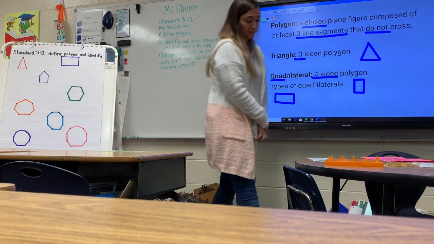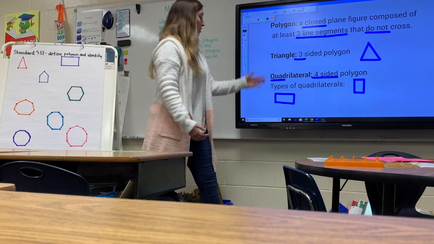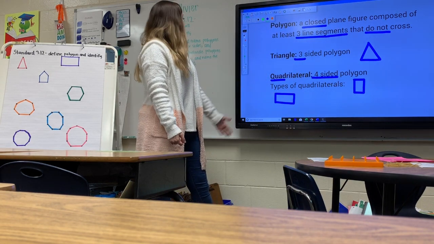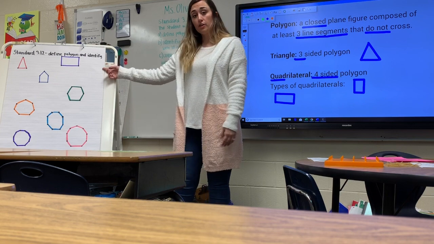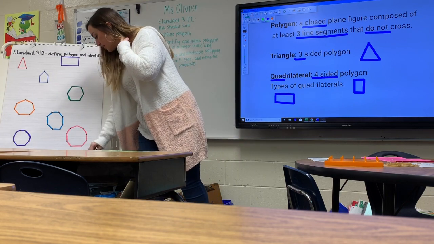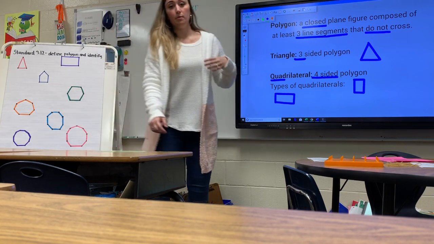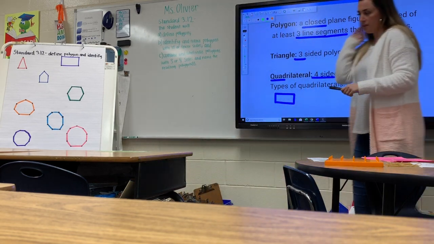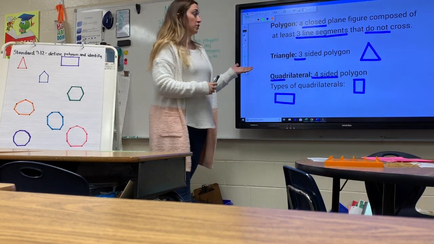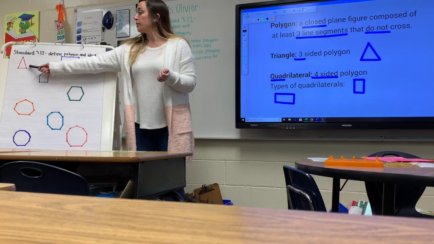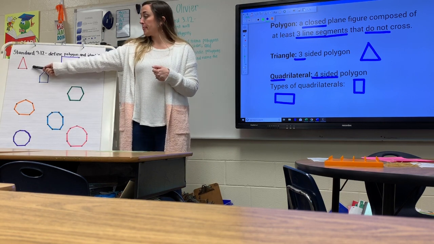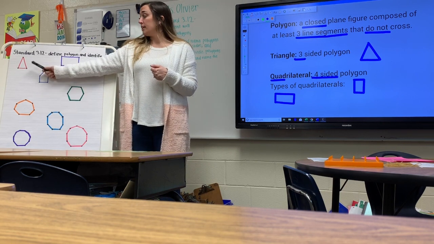All right, now that we have gone over these definitions, I'm going to come over to our anchor chart and we're going to fill this in throughout the week. Let me grab my marker. From what we know of the definition on the board, what can we say this shape is right here? Right, this is a triangle.